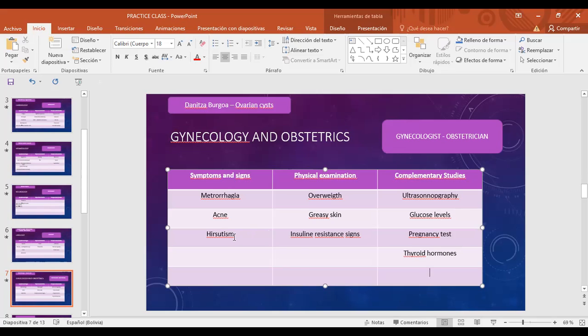And anything related to acne and hirsutism? A hormone test of testosterone. Awesome. Great. So here we have a lot of studies that we might use to help us with our diagnosis. So great, you did great.